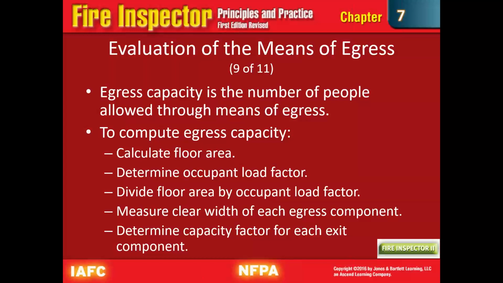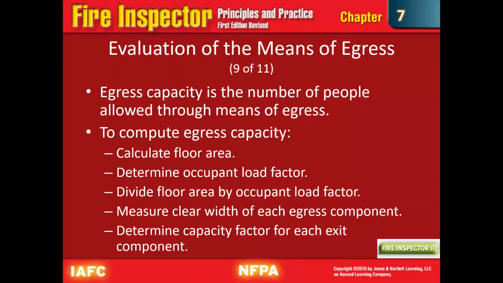And then your egress capacity is the number of people allowed through a means of egress. To calculate this, you're going to compute the egress capacity: calculate the floor area, determine the occupancy load factor, divide floor area by occupant load factor, measure the clear width of each egress component, and determine the capacity factor for each exit component. All right, that's very complicated to say.